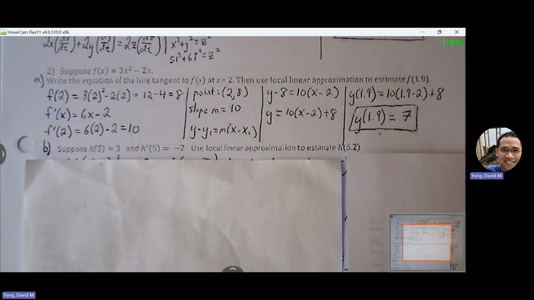Just to indicate that I'm plugging 1.9 into my tangent line to get my approximation. If you think we wrote it as a coordinate, I think it's better to write it this way since this is how most linear approximation problems are presented.